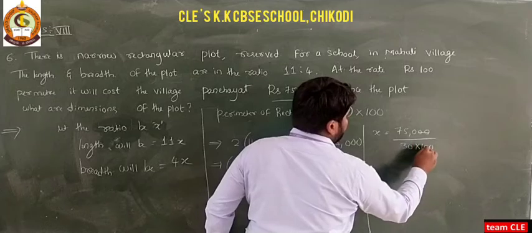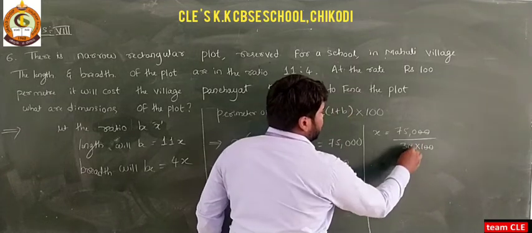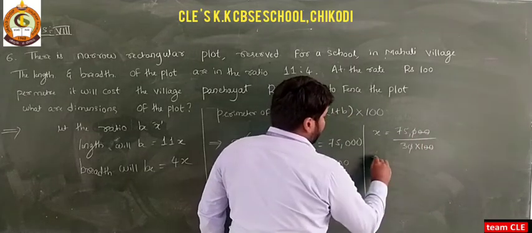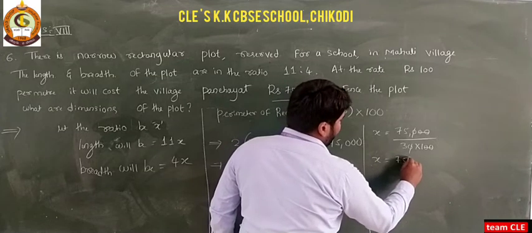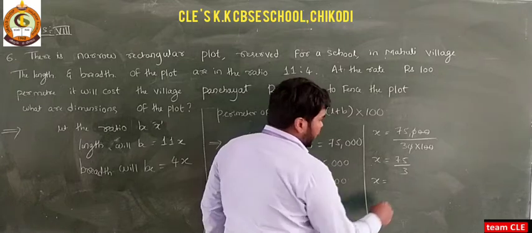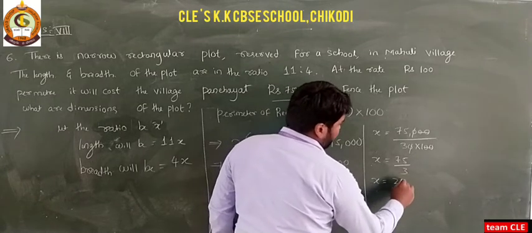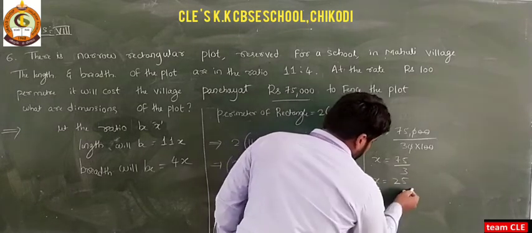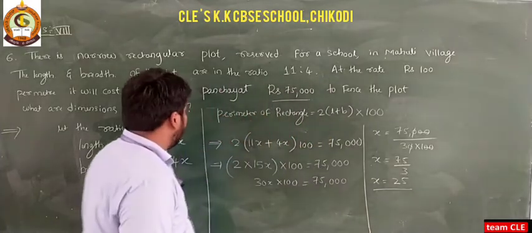The zeros cancel, so x equals 75 by 3, which is 25.